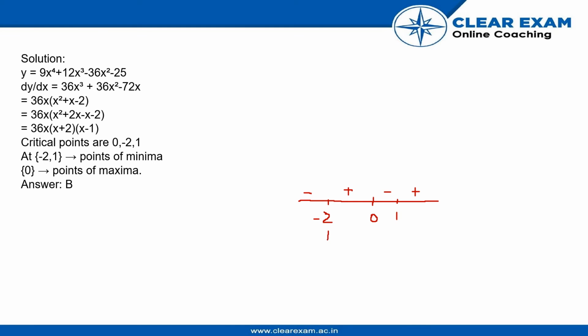Minus 2 is a point of minima. Zero is our point of maxima.